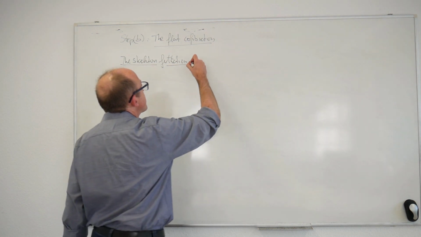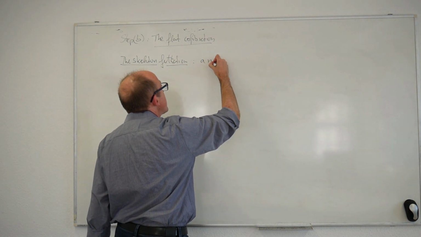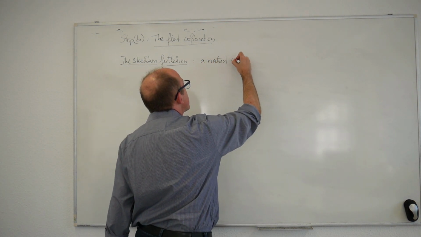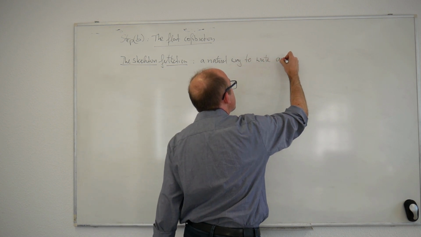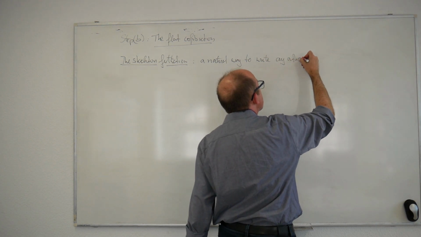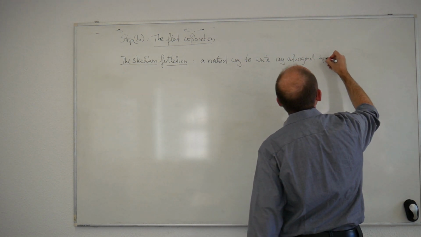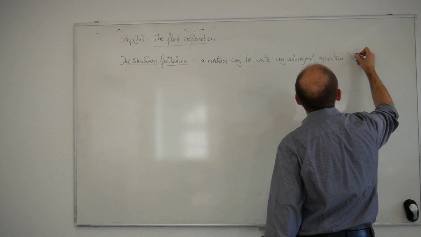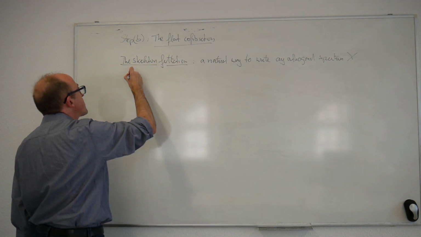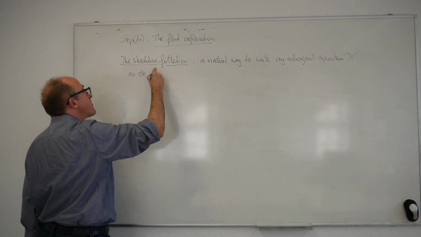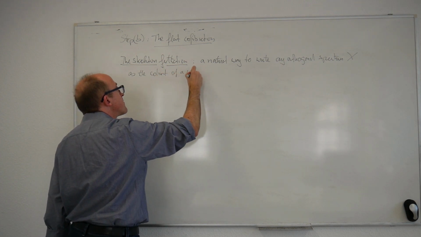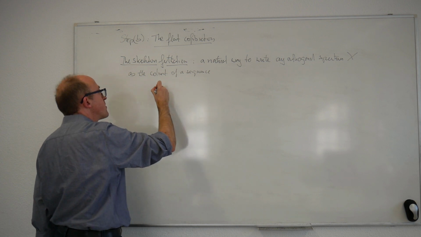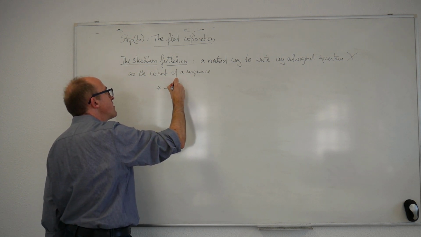So the skeleton filtration is a natural way to write any orthogonal spectrum as a colimit of a sequence of other orthogonal spectra, starting with just a point.